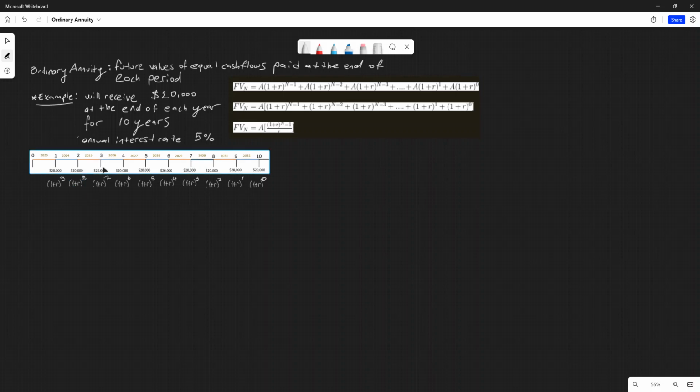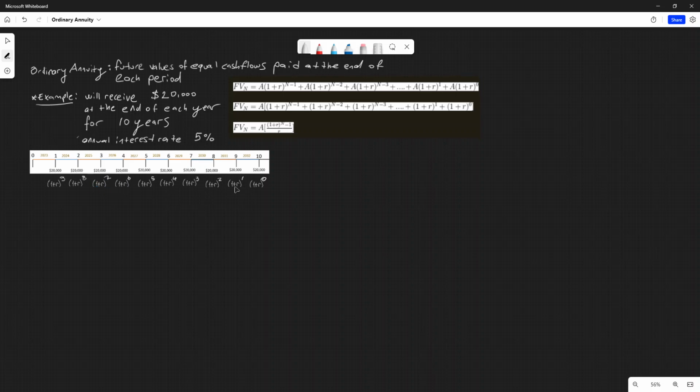And let's think about the third point. This is the last day of 2025, which is 31st of December 2025. You need to take the 7th power of this factor, and the factor is, as you know, in the parentheses, 1 plus r.